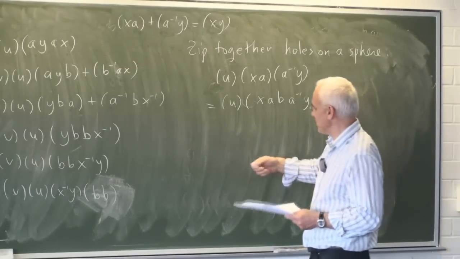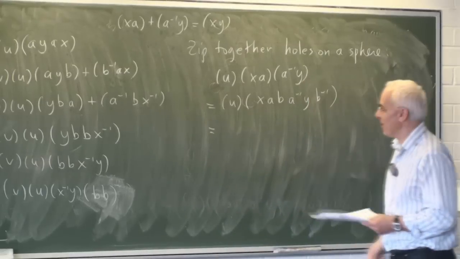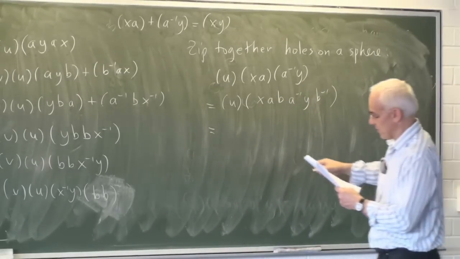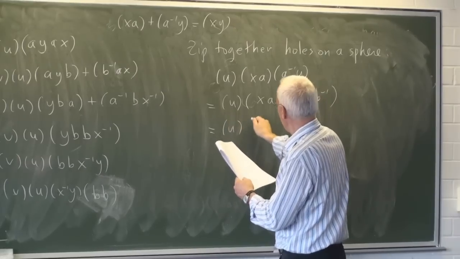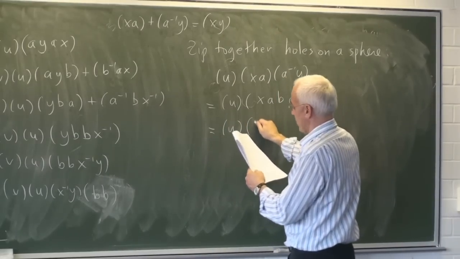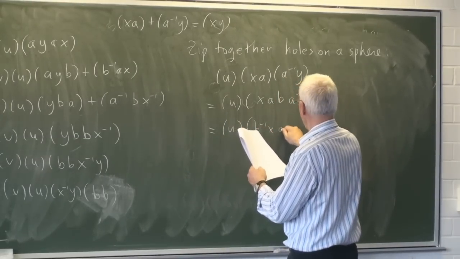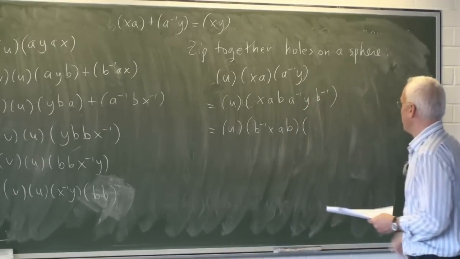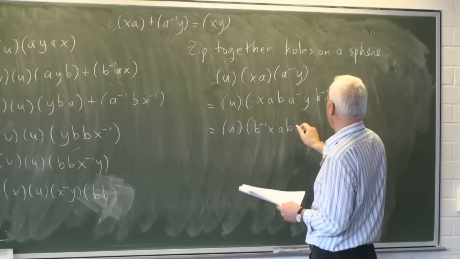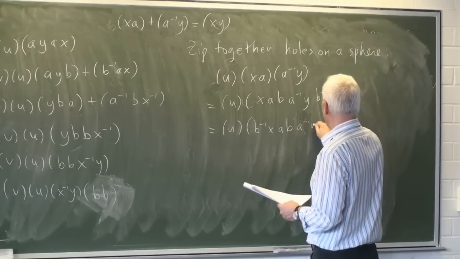And it's a little bit reminiscent of what we did in the traditional proof, but we'll just do it here in this context. So we'll get U times, let's write it as B inverse X A B, A inverse Y first.